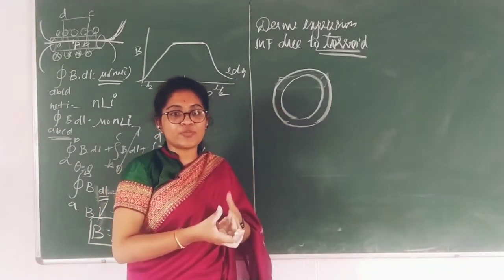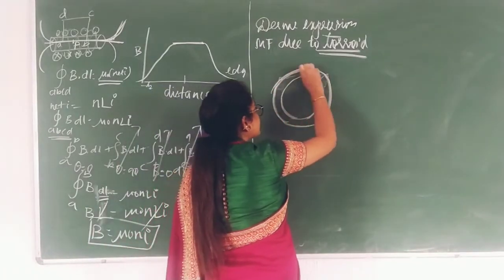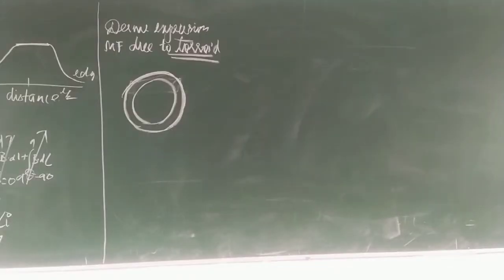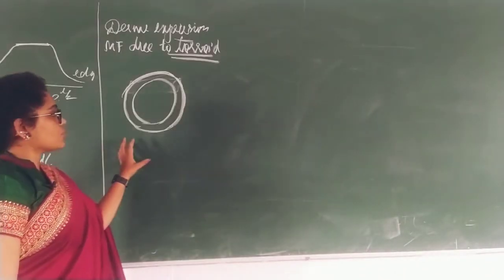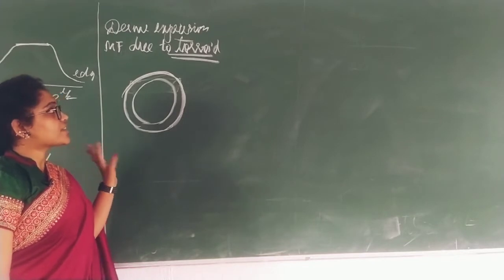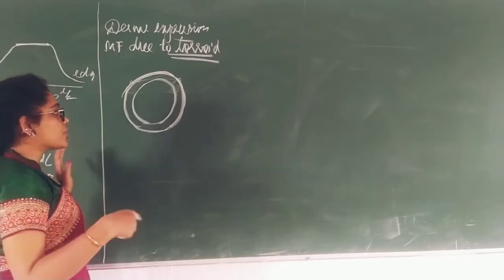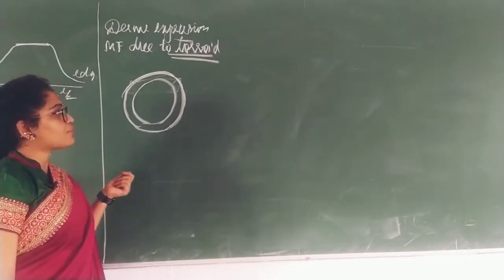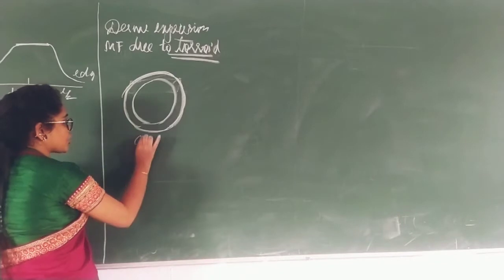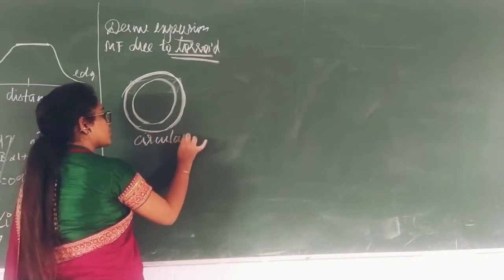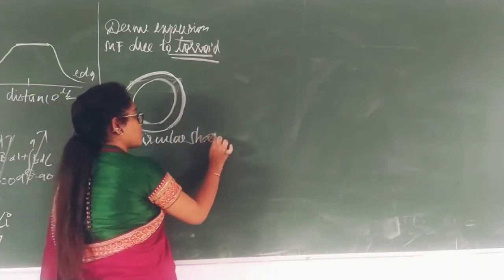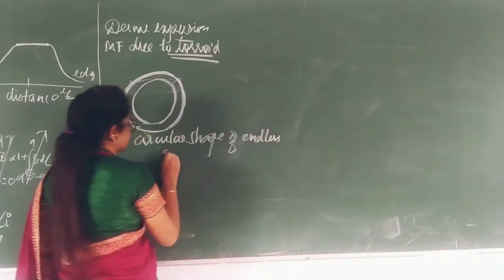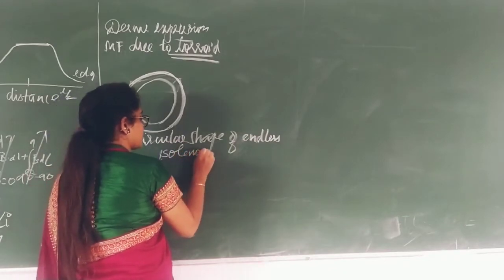Defining a toroid: it is a circular shape of an endless solenoid.